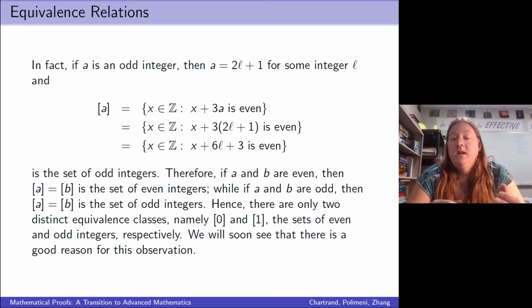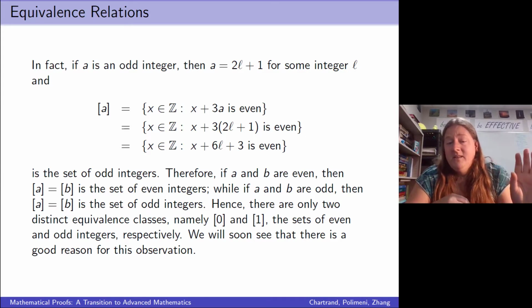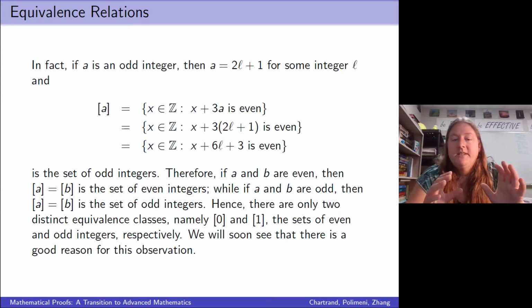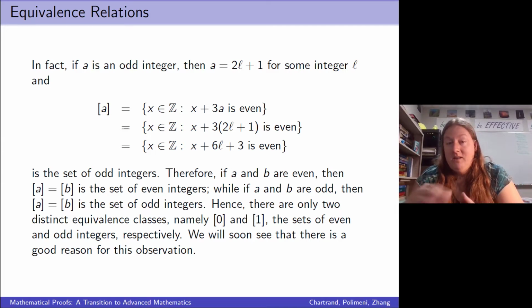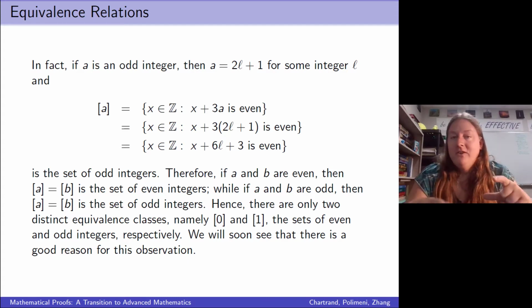So really, whenever a was even, my equivalence class was the even integers. And whenever my a was odd, then the equivalence class was the odd integers. So there are in fact 2 distinct equivalence classes, and I can just sum them up as being the equivalence class of 0 and the equivalence class of 1, or the equivalence class of choose your favorite even integer and choose your favorite odd integer.